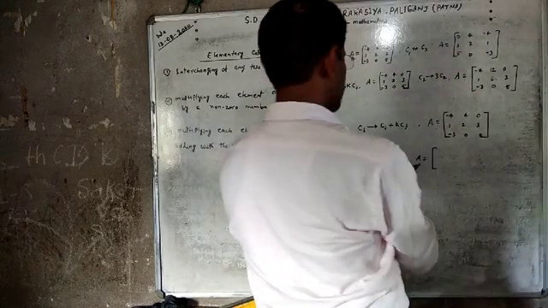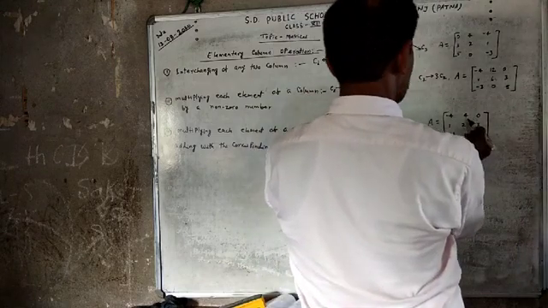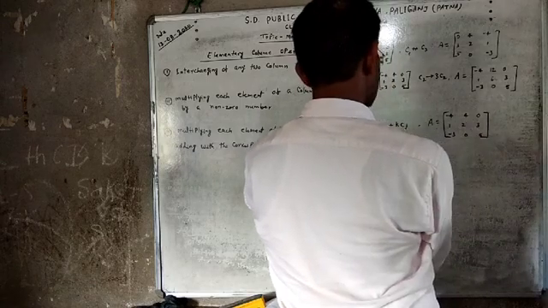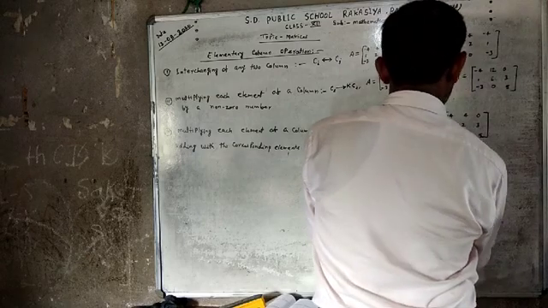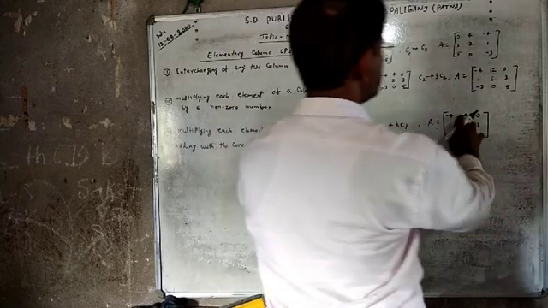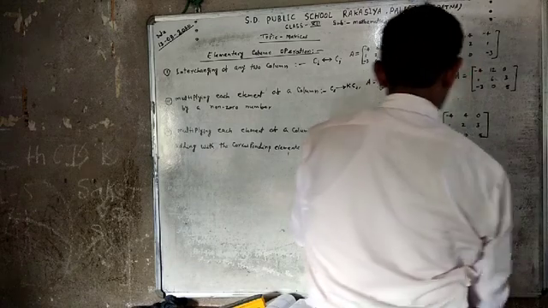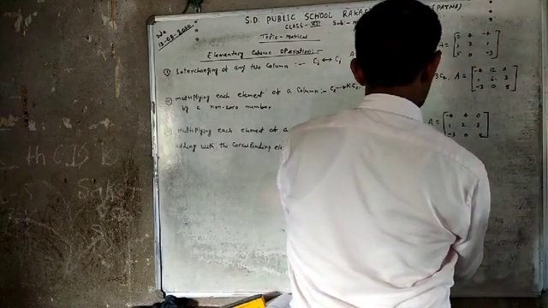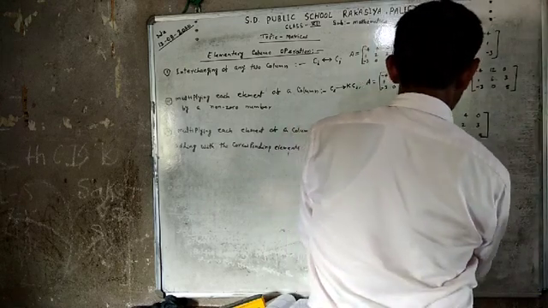Since we have to multiply 2 by C2, the first element of the second column is 4, and we multiply it by 2 and add it to -4. So 2 into 4 equals 8. The second element: 1 plus 2 into 2, and 2 into 2 equals 4.